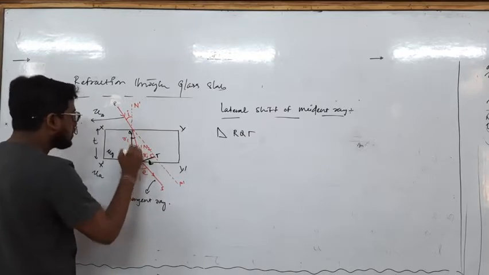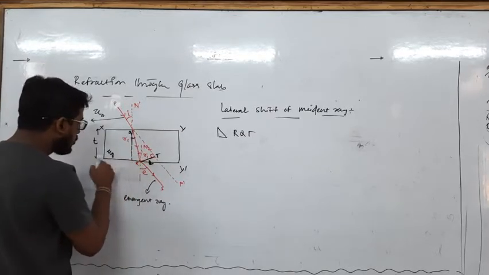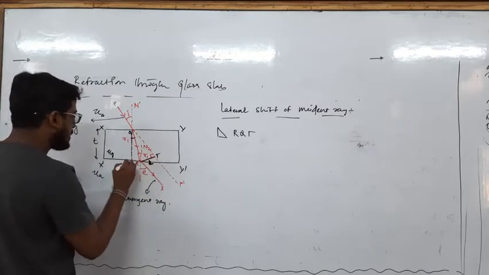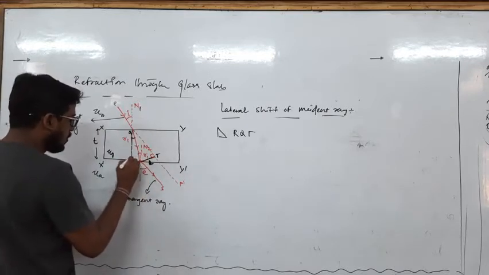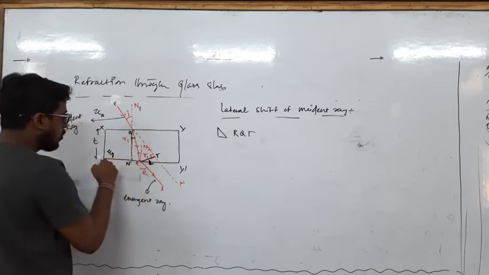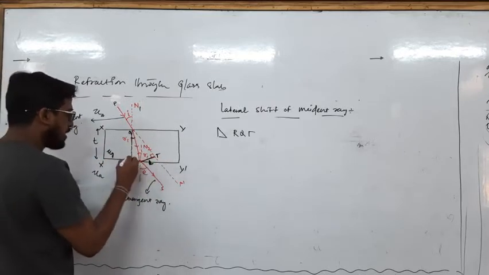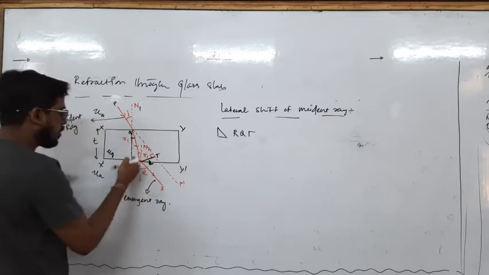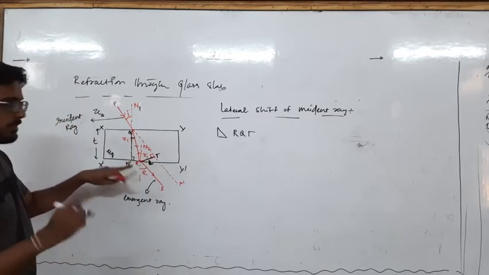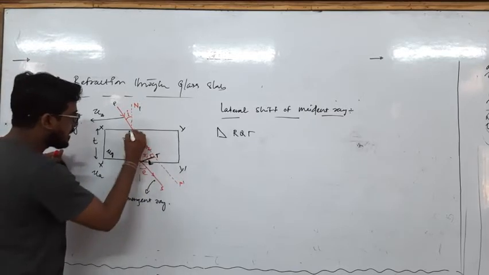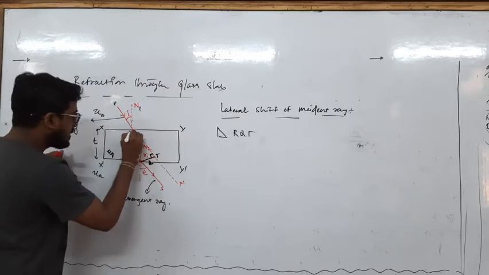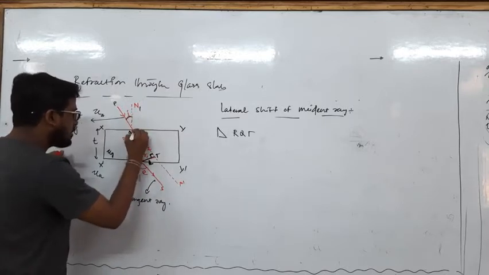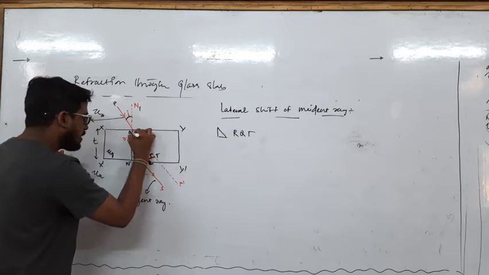Let this be N, I am extending the normal N1, which will touch the second interface X'Y' at N''. So the normal is extended up to the second interface X'Y', which will intersect at, or draw a perpendicular at N'. Clear? So now in the right angle triangle QRT, this is the right angle. If this angle is R1, this complete angle is I, so this much angle, the angle of deviation, this much angle will be how much?